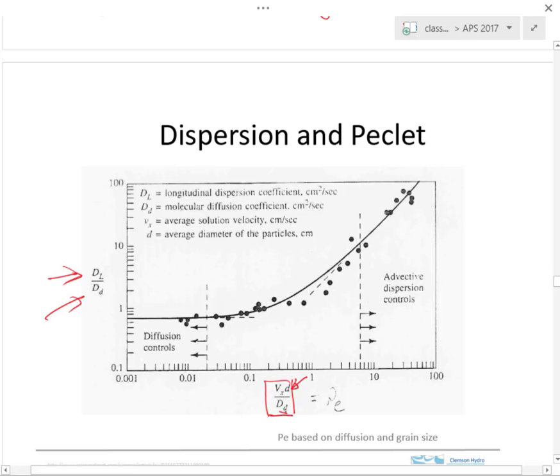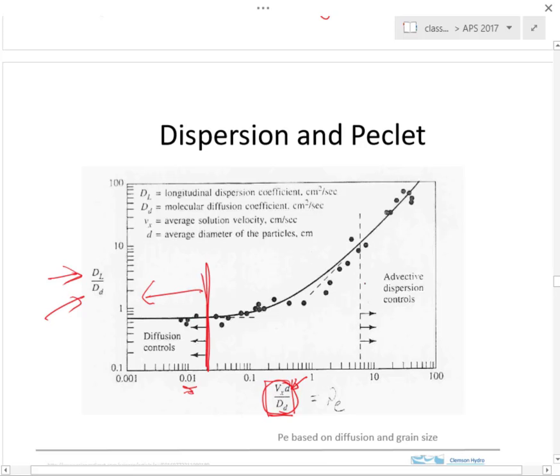So what this is showing you is that we can do some experiments and some analysis, and this allows you to say what is the range where diffusion is important and basically dominates, and what is the range where dispersion is important? At a Peclet number of about 0.01, at values less than that, it's diffusion.